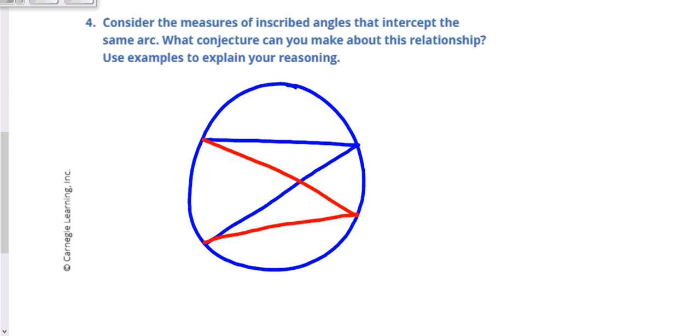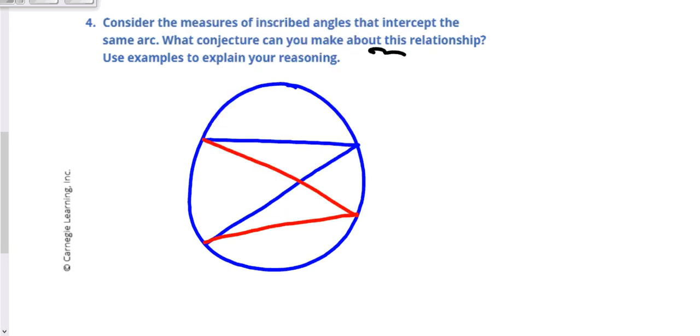Okay. All right, so I have two inscribed angles here. I'm going to label them Y, X, M, and Z.